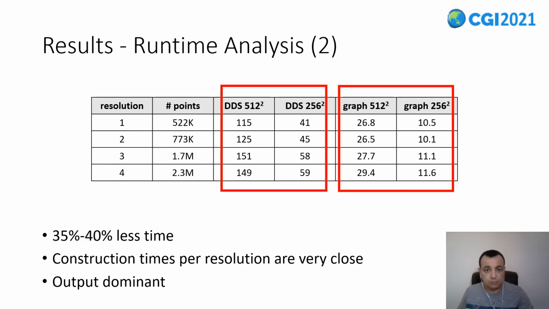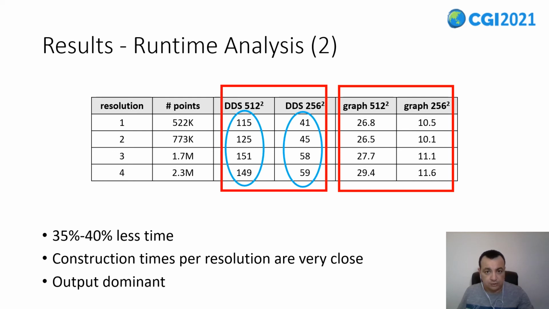Finally, we compared the algorithm on the same view, but with 4 different resolutions. One time with 512 by 512 grid, and another time with 256 by 256 grid. And we found that the latter takes 35 to 40% less time for both DDS construction and graph building.